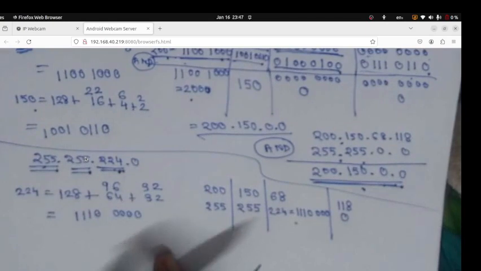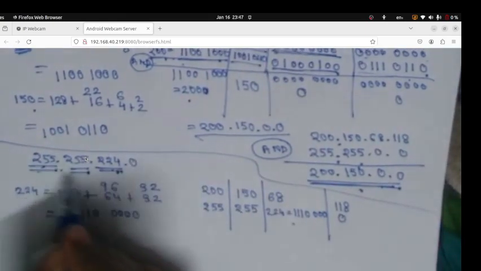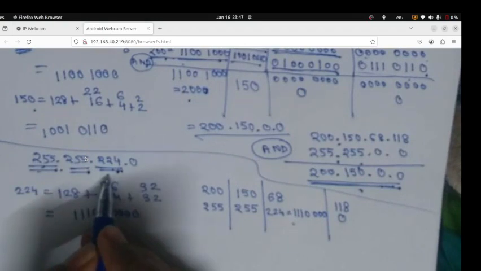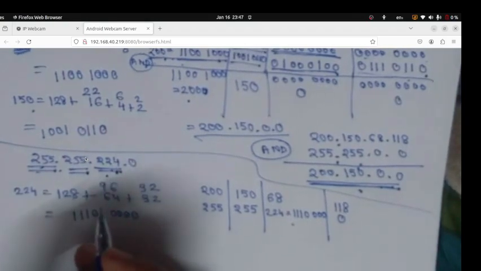If I ask you in this mask how many consecutive ones there are: a mask is a particular pattern of 32 bits such that the leftmost bits are some specified number of consecutive ones, and after that all are consecutive zeros.